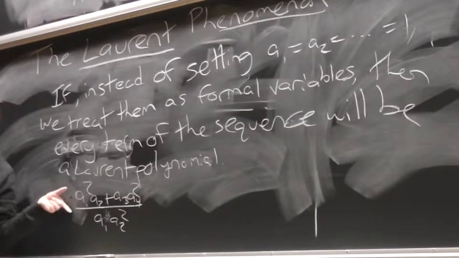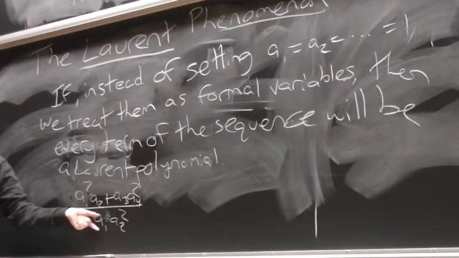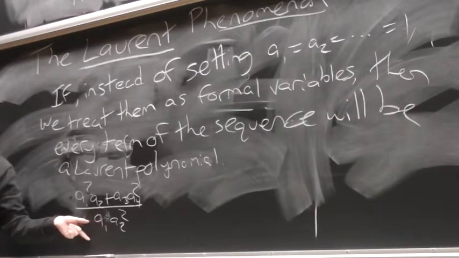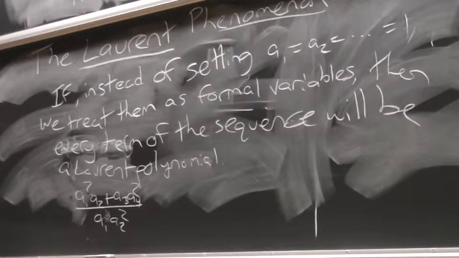Obviously both top and bottom are going to be integers, but the downstairs is always going to be 1, a product of a lot of 1s. And so the Laurent phenomenon instantly implies that our sequence is going to be all integers. Is that making sense so far?